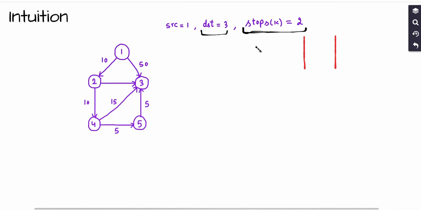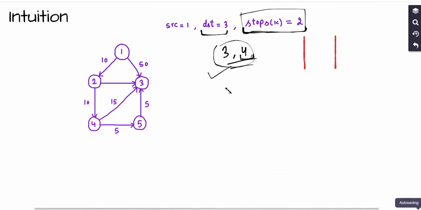We can explore a path of maximum length of 4 nodes, because only in such a path will I have at most 2 stops. Any path which is longer than this, which has more than 4 nodes, is not a valid path, because that path would have more than 2 stops. Fine. So we have to modify our Dijkstra algorithm a little bit here.